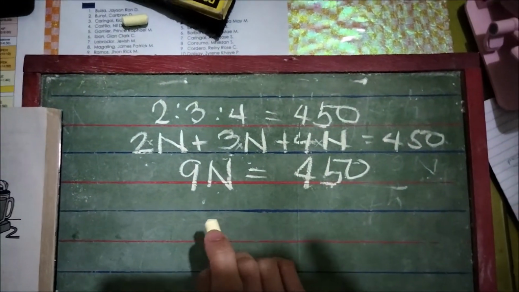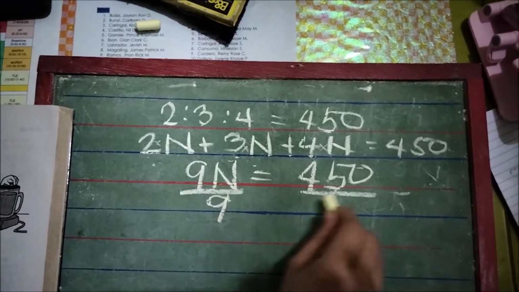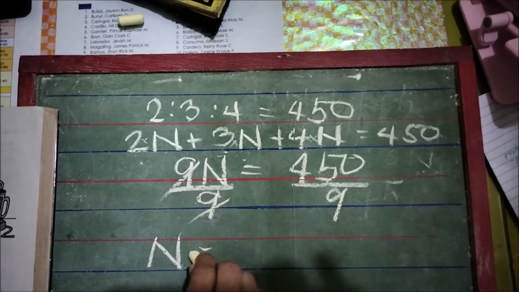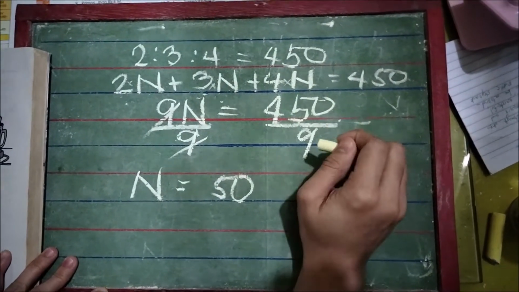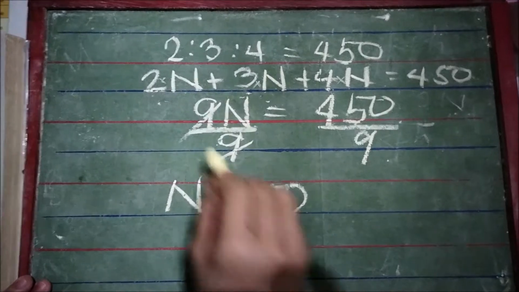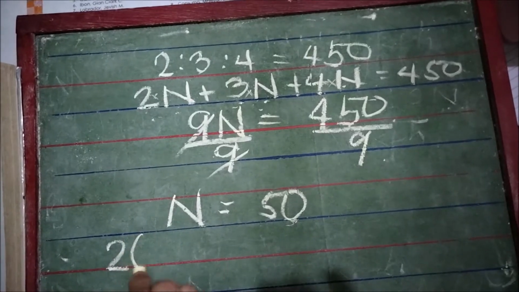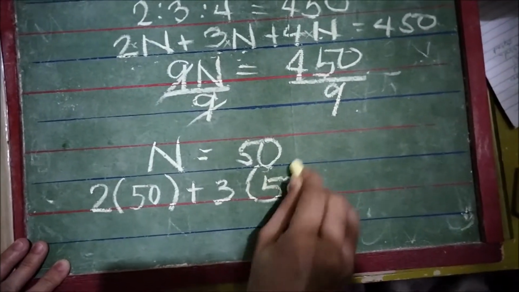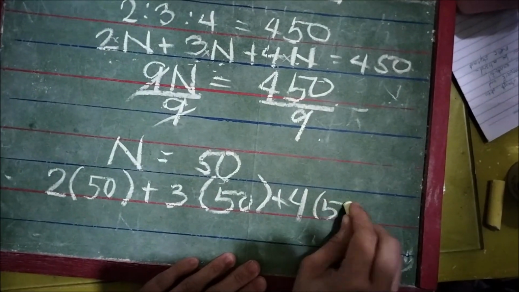So based from our previous lesson, we're going to divide it by number 9. So let us cancel this one. We have here n is equal to 50. Where did you get 50? 450 divided by 9 is 50. Now this 50 will be substituted to this variable. Meaning to say we have here 2 times 50 plus 3 times 50 plus 4 times 50.